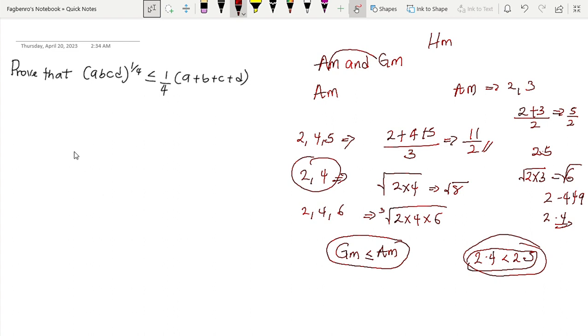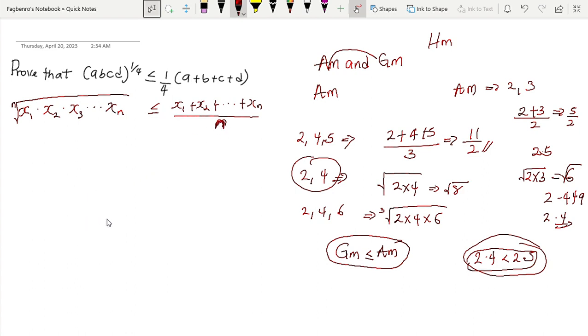So I can say that GM, which is x1 multiplied by x2 multiplied by x3 up to xn, whereby we take the nth root, is less than or equal to x1 plus x2 plus up to xn, everything over n.